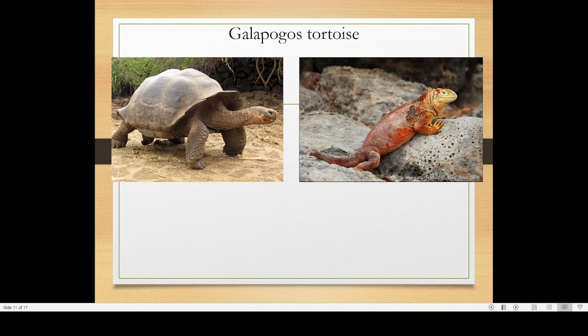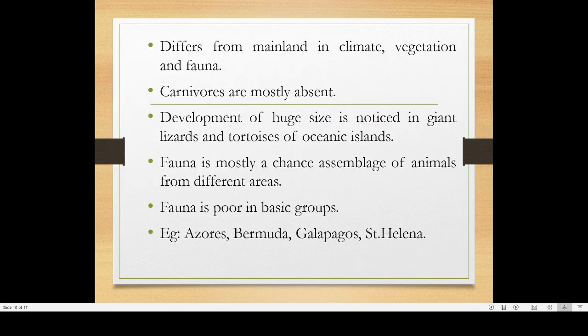So there are theories, even Lamarck had such a theory, that when nothing is there to control, the animal gradually increases in size. So development of huge size is noticed in giant lizards and tortoises of oceanic islands.